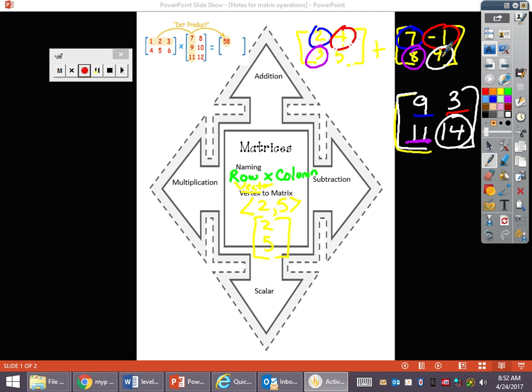So let me give you a subtraction problem to try. And you can do it in this space here. So let's do 2, 3, 5, 6, 7, 8 minus 3, -1, 4. Oh, I ran out of room. All right, so okay.